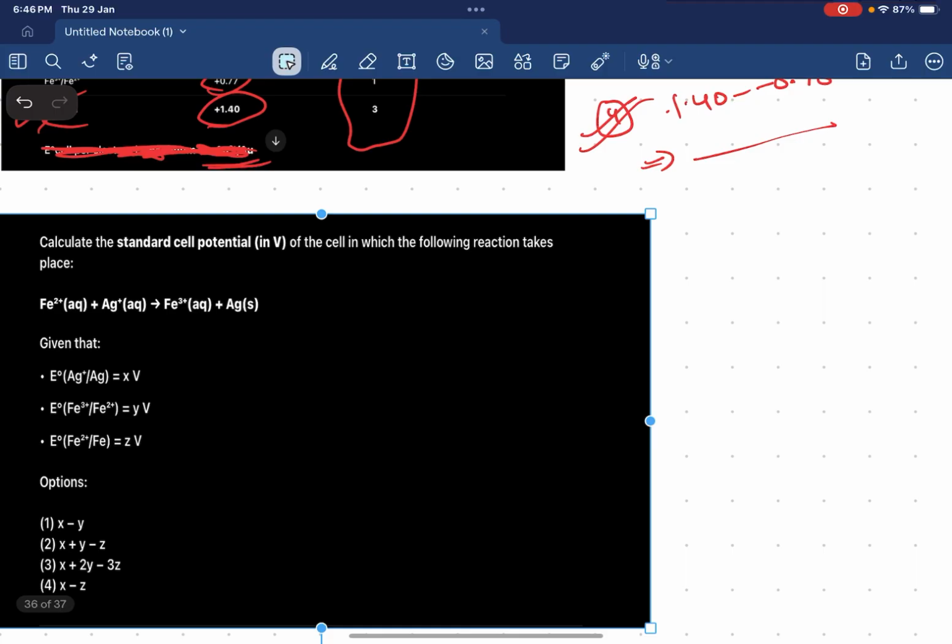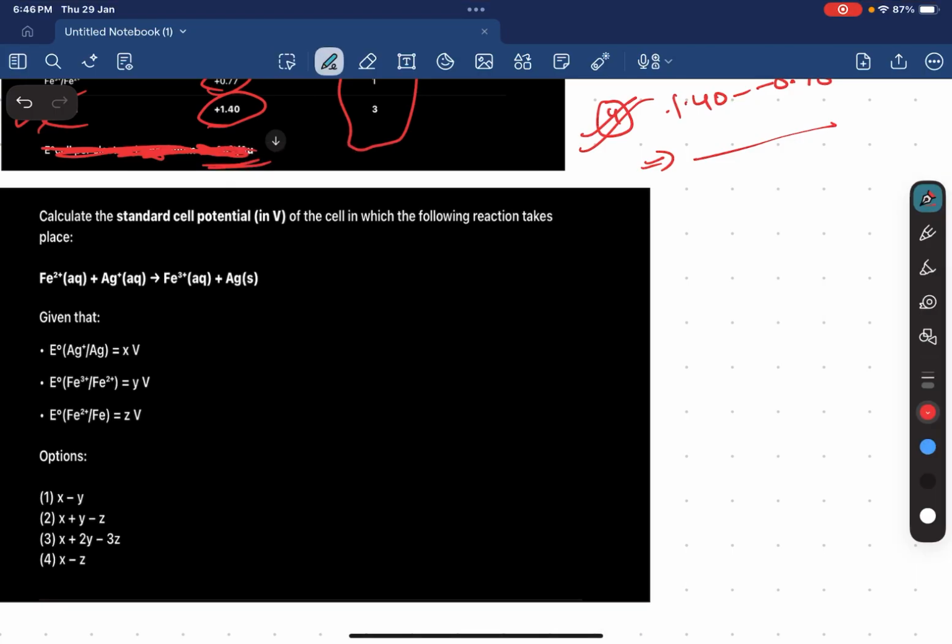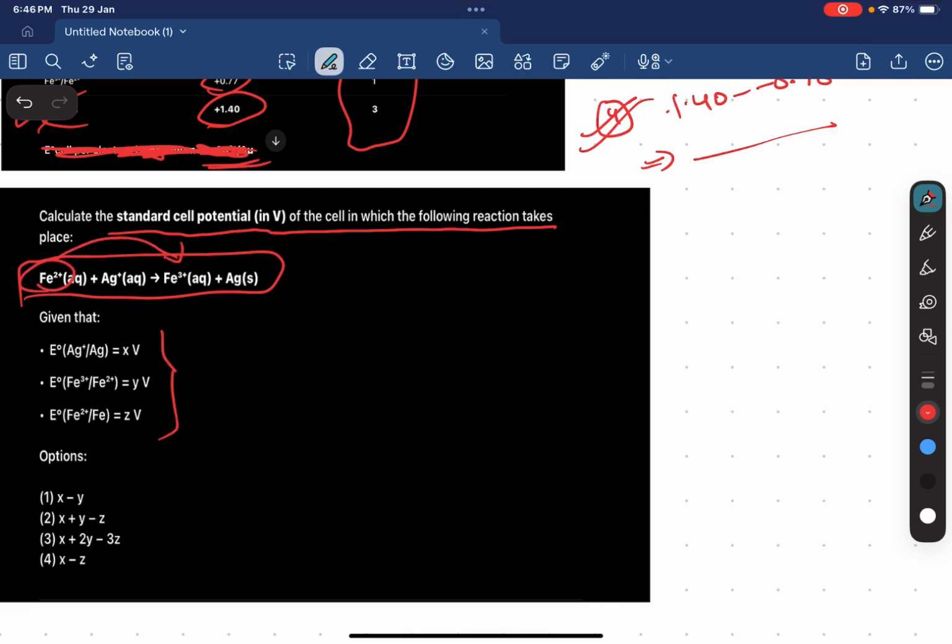Coming to this, so they have asked the standard cell potential value. Standard cell potential value is given like this for this reaction. They are asking which is the correct option. So in this case, Fe2+ is converted into Fe3+. So what is the n value, students? 1.